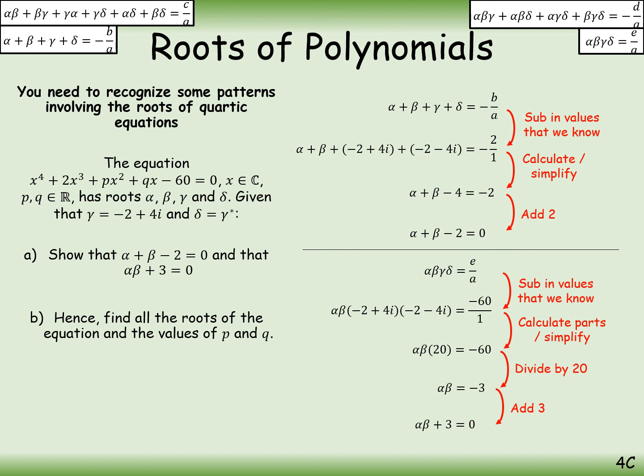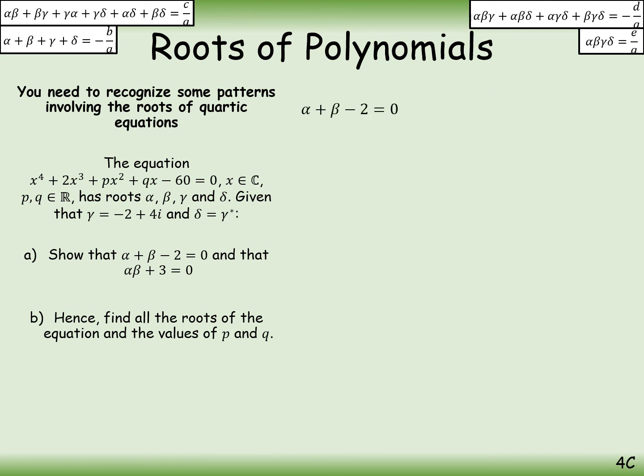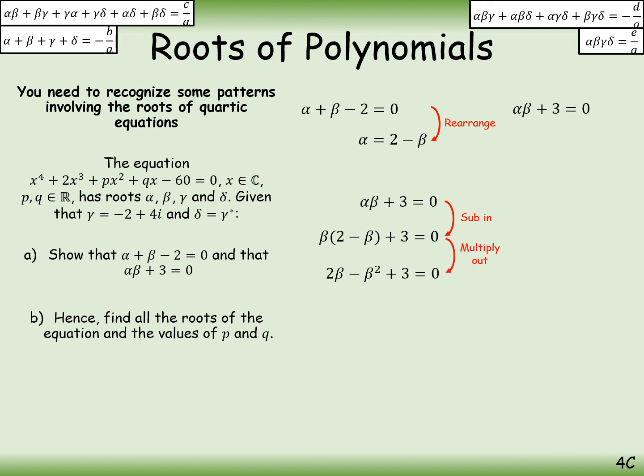And this is the hence: find all the roots of the equation and the values of p and q. So you can see part a is here to help you for part b, and the word hence is used, so make sure you use what we've got for part a. So alpha plus beta minus 2 is equal to 0, alpha beta plus 3 is equal to 0. If you rearrange this, alpha is 2 minus beta, and in alpha beta plus 3, you could replace your alpha with 2 minus beta. From here, you can see it's a straight calculation.